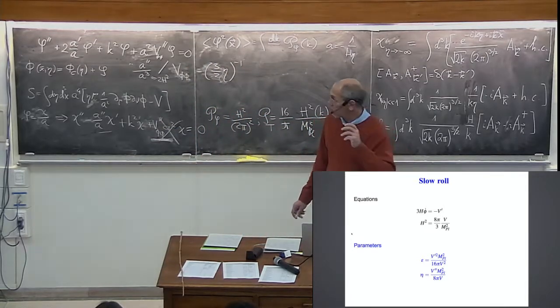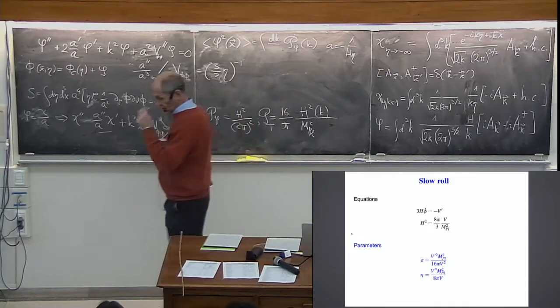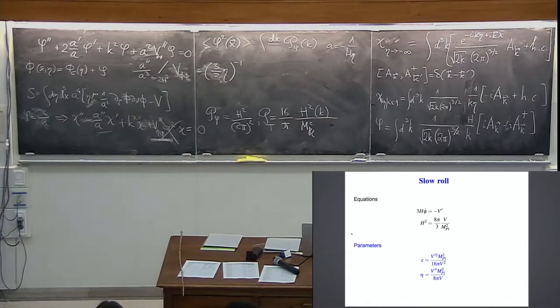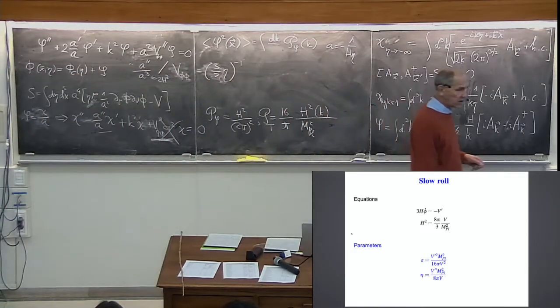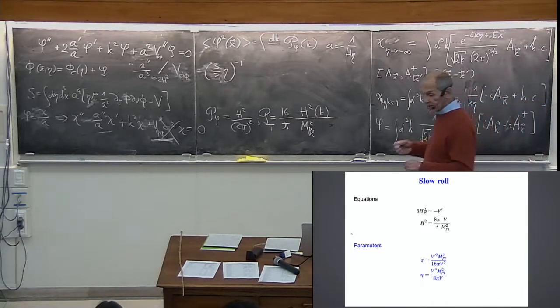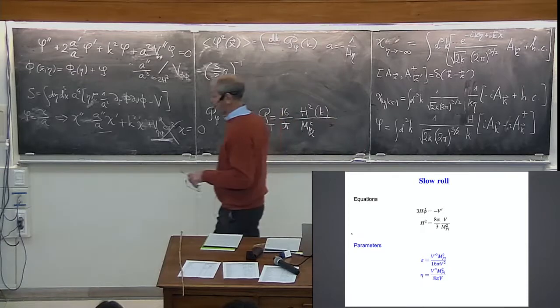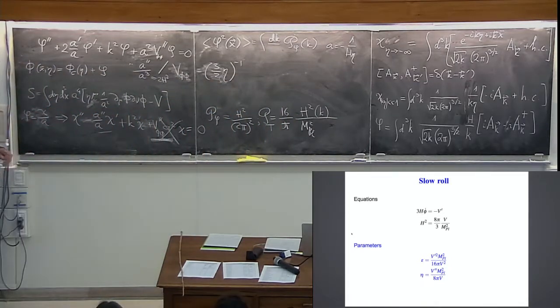But that's not the whole story, because this would be true if my inflaton was a spectator, but it isn't. The perturbations in the inflaton field induce also perturbations in the metric, scalar perturbations in the metric, and therefore this is actually not the correct equation here.